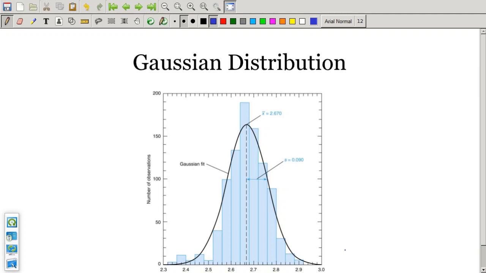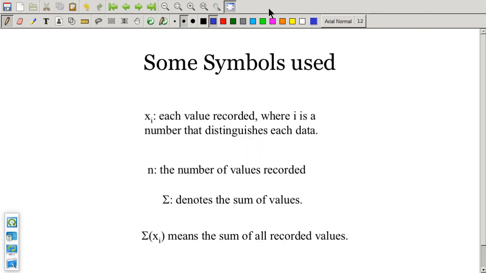So, what kinds of things do we have to look at for this? If we have a distribution of any data, we can record each value, and we refer to each value as x sub i. If I take a sum of those values, that means it's the sum of everything that's in there. n is the number of values. So this sigma represents sum. You've seen that before, I would imagine.